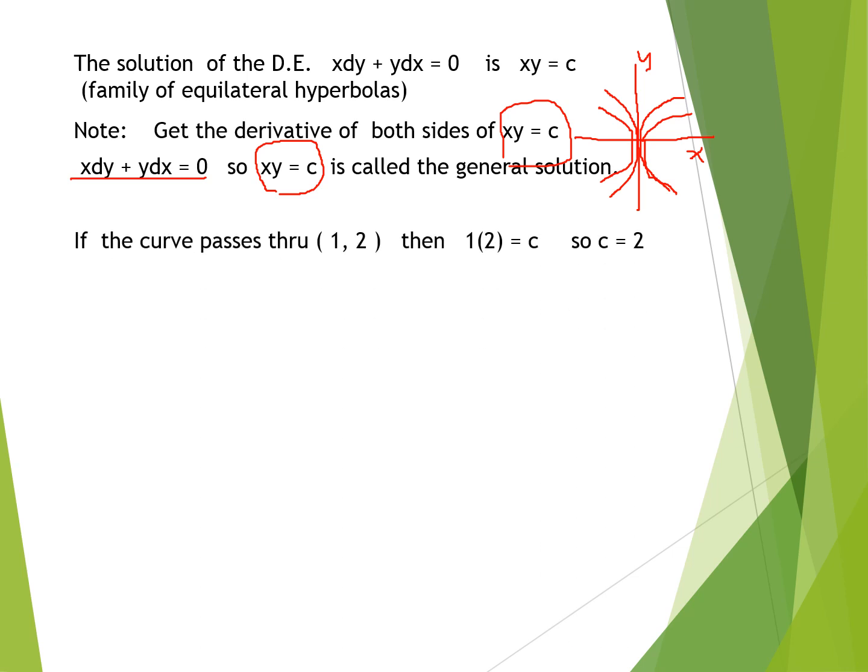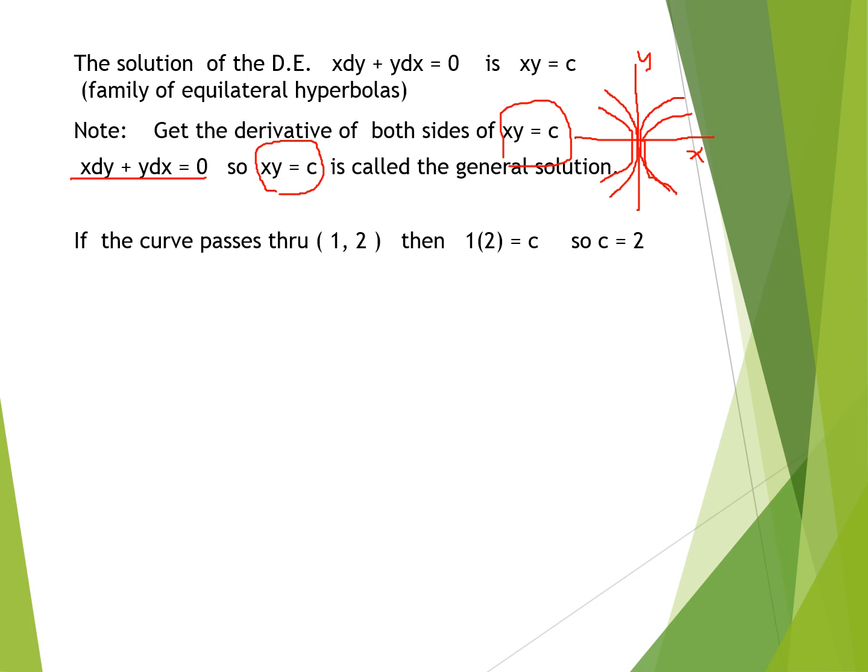Next, if the curve passes through (1, 2), then it's possible for us to determine a particular solution. Again, we call this the general solution or primitive. Then it's possible for us to determine the value of c. Substitute x is 1 and y is 2, then 1 times 2 is c, or c is 2.